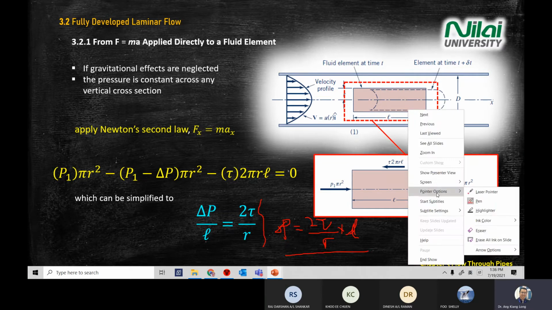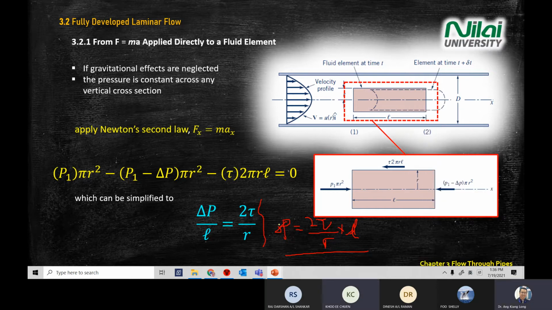Okay, this question I'm going to ask. Ku, are you there? Yes. Looking at this equation at the bottom, I'll just give you a scenario. What happened to the pressure magnitude if you're increasing the radius R? If the R value is increasing, what happened to the change of pressure, or pressure difference?